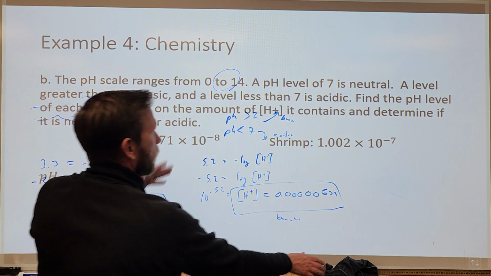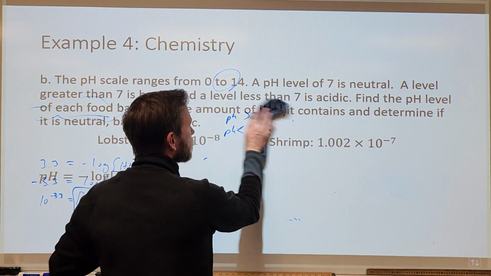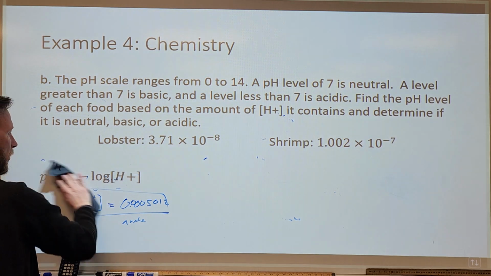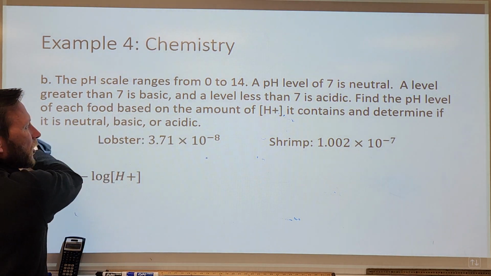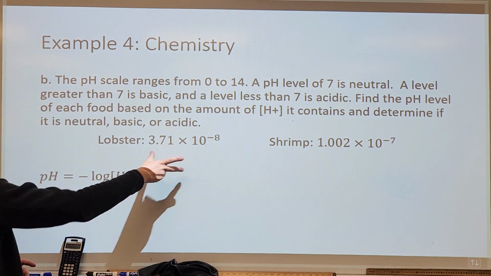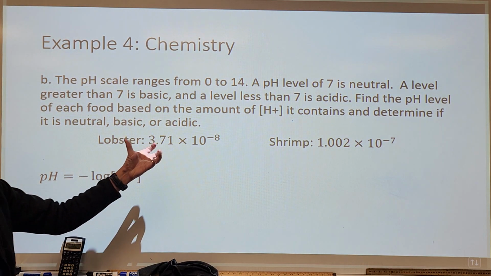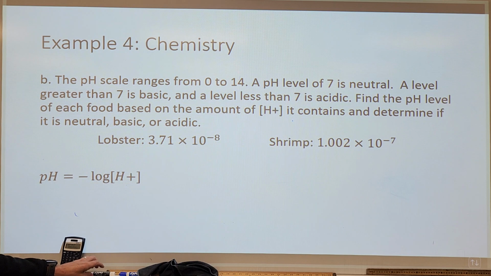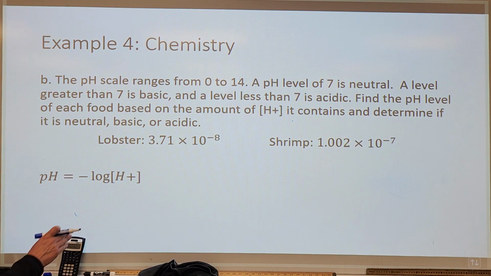All right. In fact, here you go. 7 is neutral. That's why this is on a separate slide. But what we can do is this work to figure out, if this is the concentration of hydrogen ions, then that will let us know what the pH is.